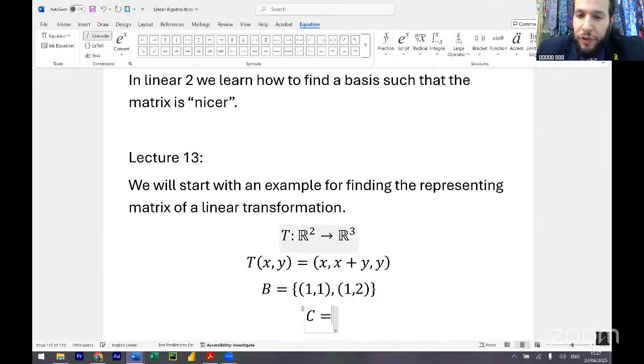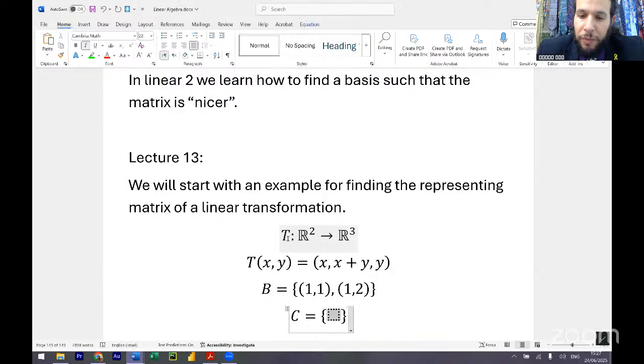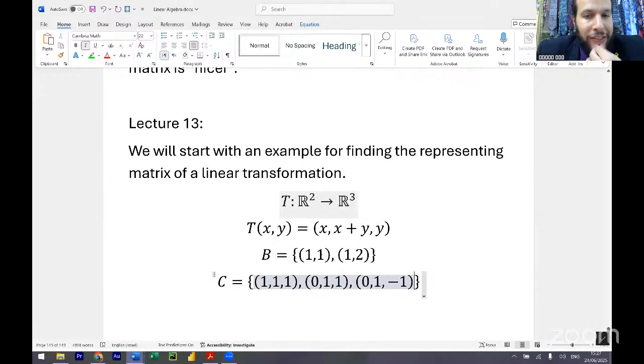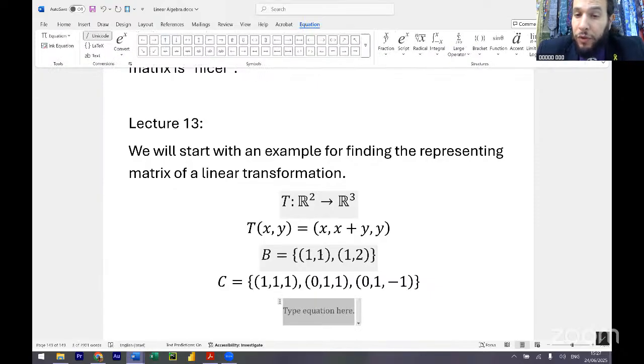The basis for the range would be (1, 1, 1). I'll do something not as complicated. (0, 1, 1), and (0, 1, -1). Okay? So try to do it by yourself, but we'll do it together next time.